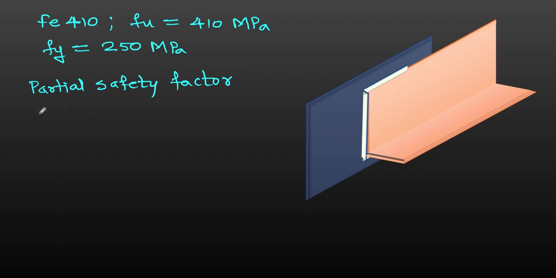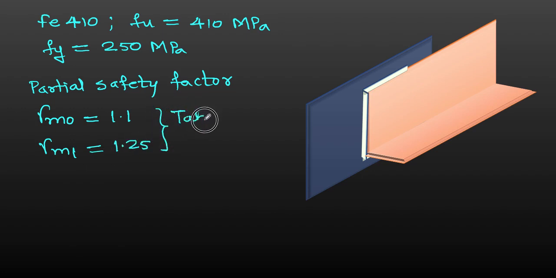The value gamma M0, which is the partial safety factor for yielding, is equal to 1.1, and partial safety factor for ultimate stress is 1.25. This is given in table 5 of IS 800:2007.